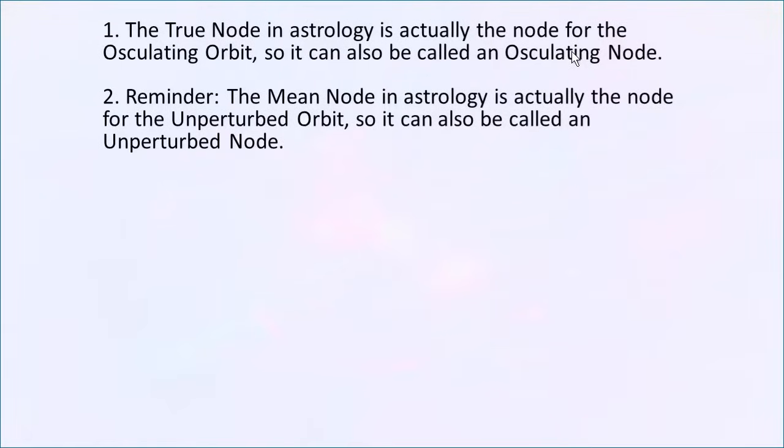And what I'm going to show you, I think in the next video, is that I've demonstrated through more analysis that the osculating orbit actually gives the real position of the node. So at first it seems like maybe it isn't, but it ends up that it is. And I'll show you that in the next video.